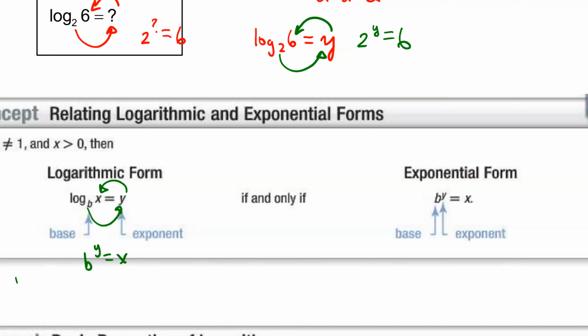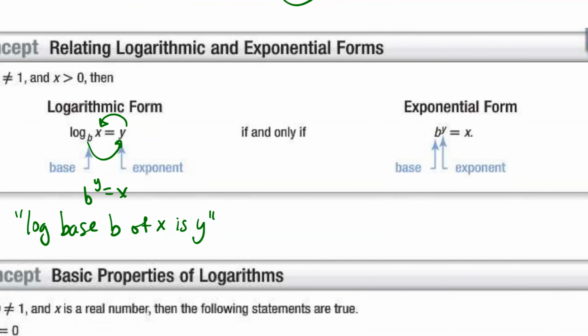And the way you say it is log base b of x is y. And on the right side, b raised to the power of y is x.